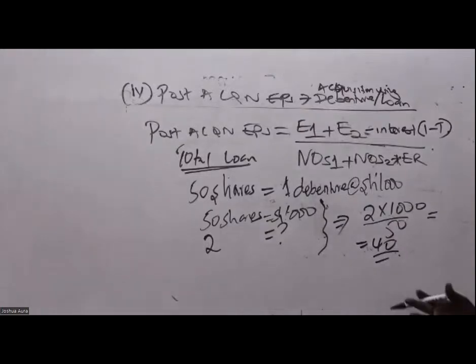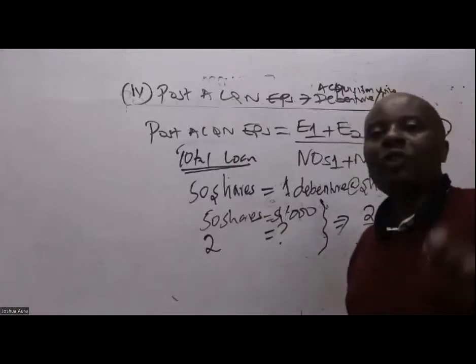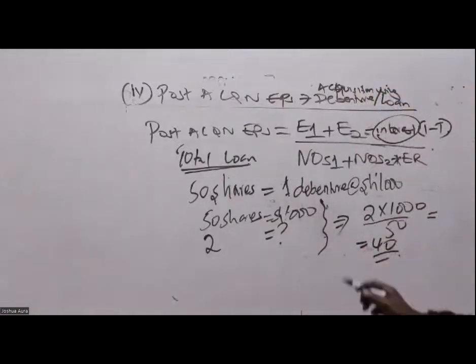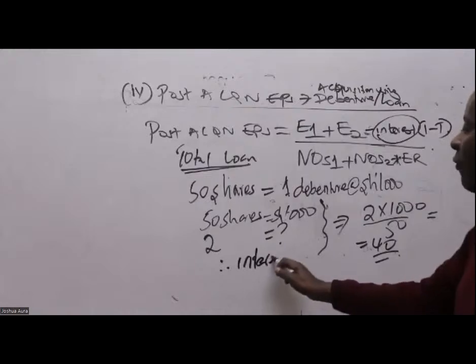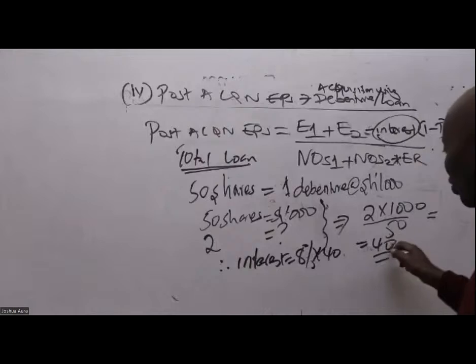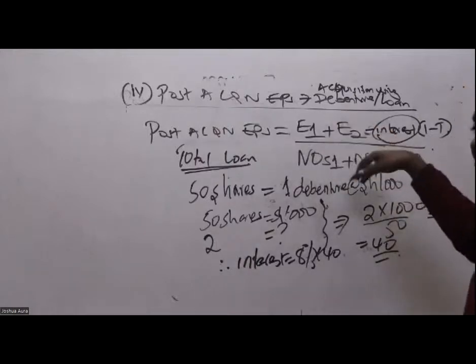What I am after is the interest. Have they told me the coupon rate of interest? In the question, what is the interest rate? Therefore, interest payable will be 8% of the total loan. I know the loan is 40 million, but all these figures don't have millions.